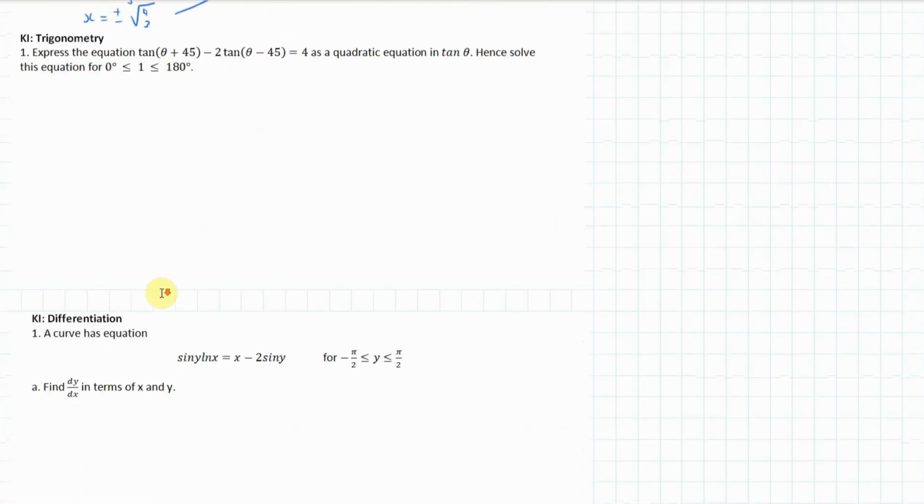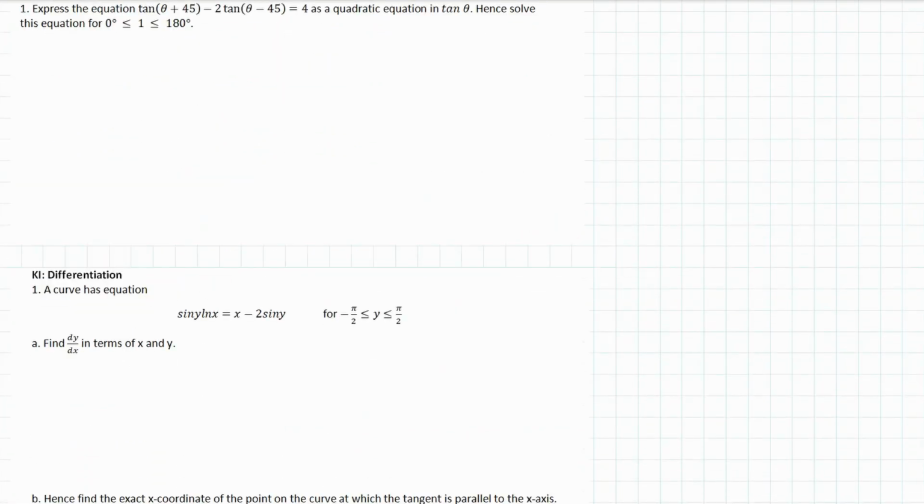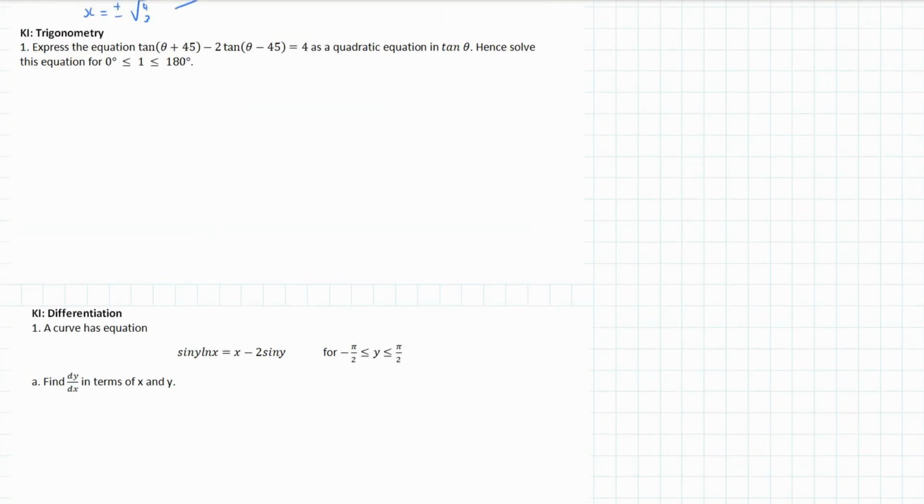Okie dokie, moving on to the trigonometry question. Now, we've got to turn this into a quadratic equation in tan. And hopefully you can see that the addition rule is going to be used here.